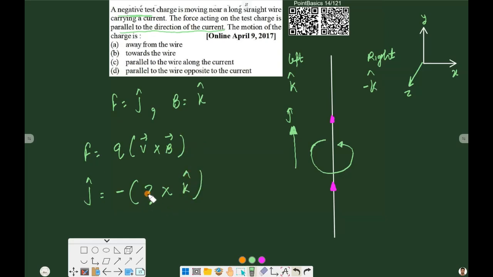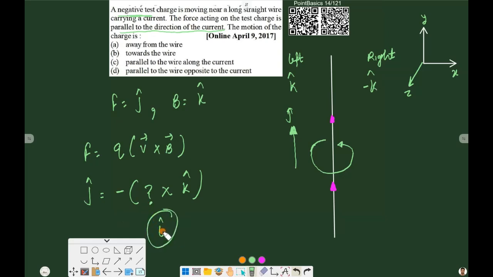We have to put a value here, and of course only i will work. Only then will this have a solution. So it will be either positive i or negative i. If we put i here, i cross k is negative of j, and negative negative becomes positive, so the question mark will be i.